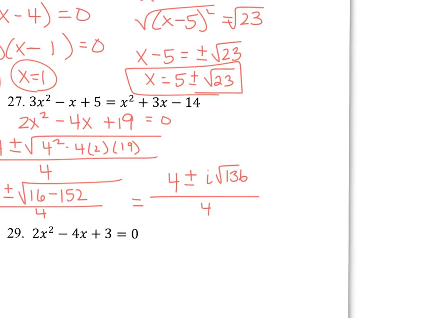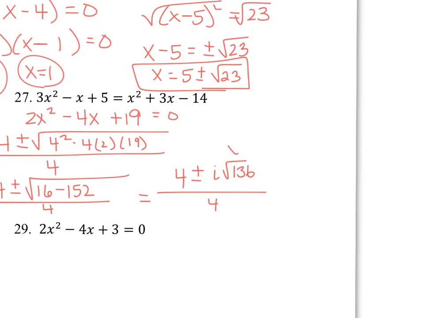Now I've got to try to simplify the square root of 136. 136 divided by 4 is 34. So 4 and 34. 34 is 17 and 2, so I'm done. So I have 4 plus or minus 2i rad 34 all over 4.